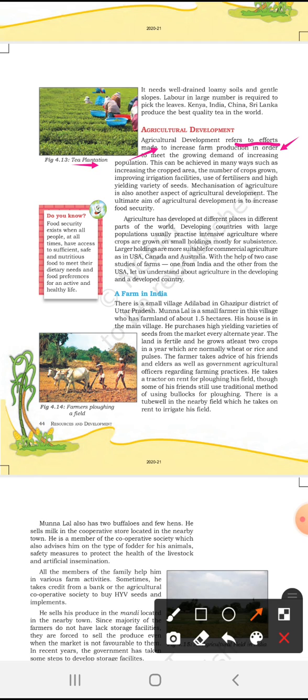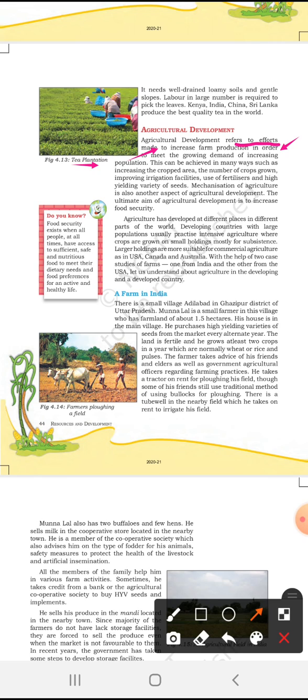This can be achieved in many ways, such as increasing the cropped area, number of crops grown. You can have better irrigation facilities, using fertilizers, using pesticides, using high yielding varieties of seeds. Many different kinds of processes can be followed.